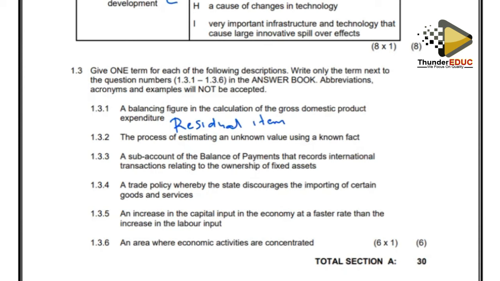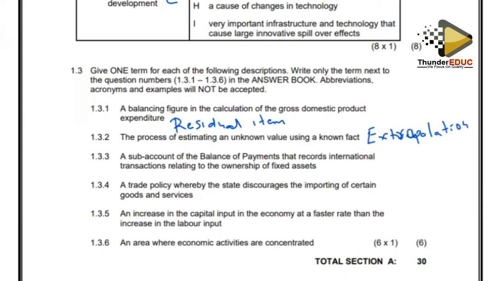I explained this when we were dealing with business cycles and the prediction concepts, when I was explaining moving average and extrapolation. This is nothing but extrapolation.